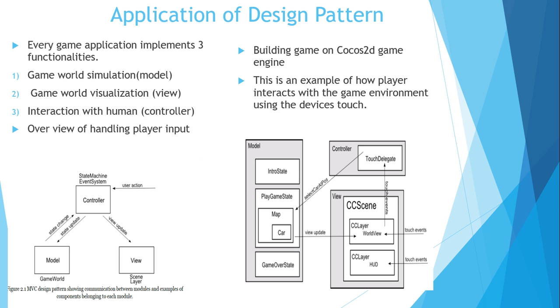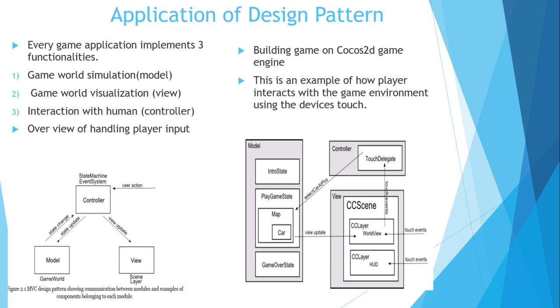Application of design patterns. Here any game has three functionalities, that is game world simulation. Game world simulation defines the rules of games, both explicitly defined rules and implicit rules that players consciously obey. This game world simulation is called the model, the game world visualization is the view which renders the views, and interaction with the human is considered the controller.